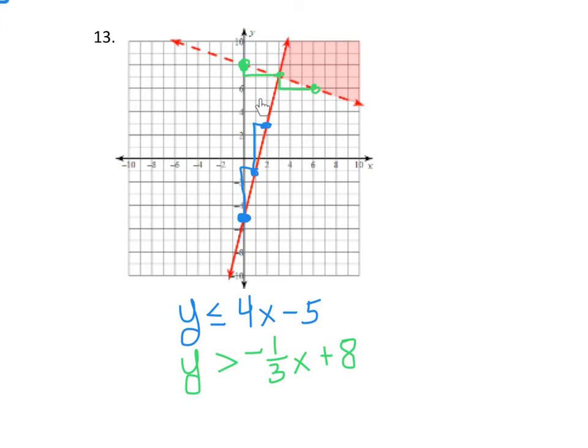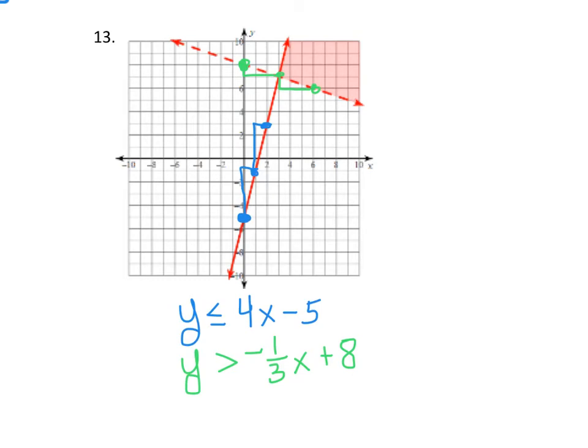If it was shaded on this side of this line, it would have been greater than. But since this part right here is on the right side of this positive sloped line, that means that this area is less than this line.